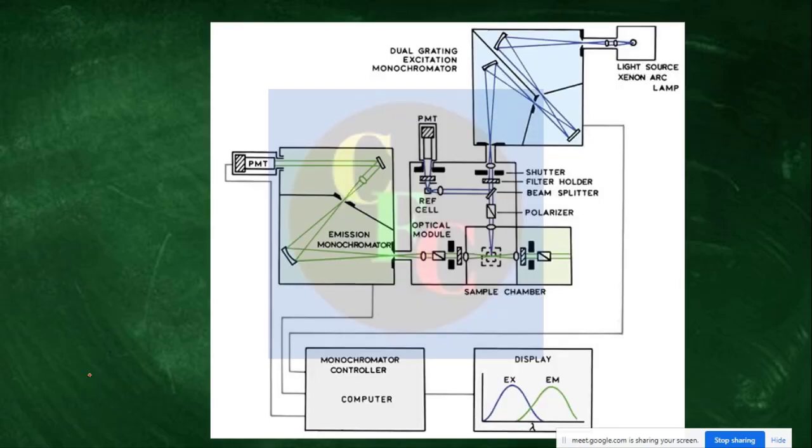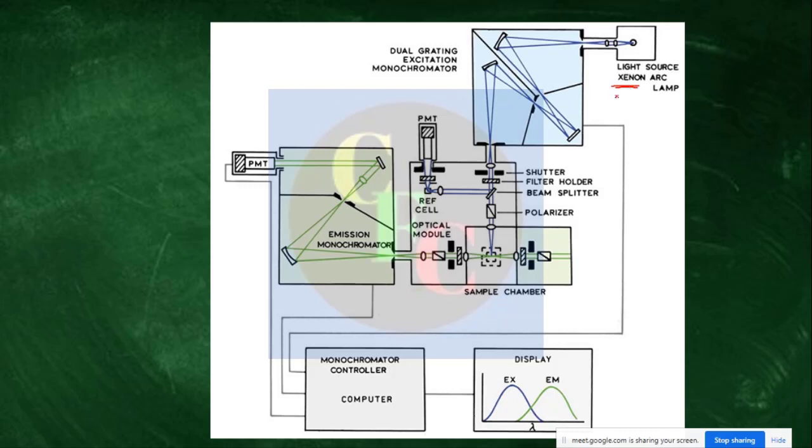So, this is a basic diagram of a typical fluorimeter. You can see it shown here. Now, as with all spectrophotometers, it has a light source. Here we have a xenon light source which is ozone free.